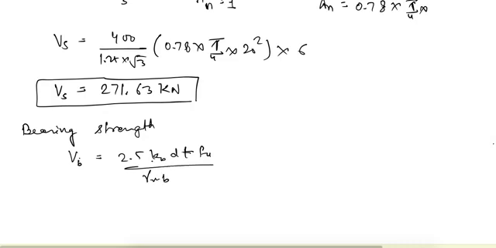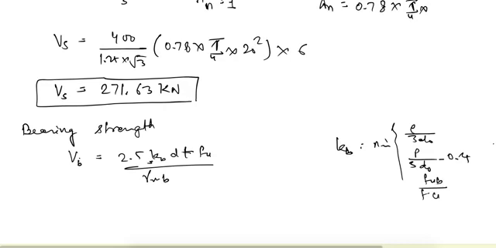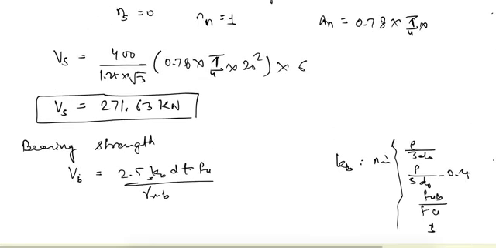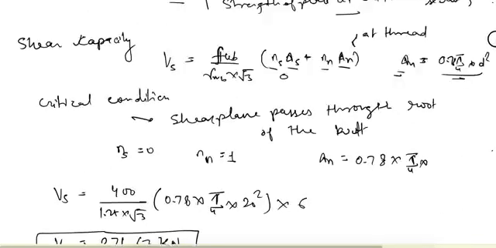Now kb we have to find with these 4 criteria, that is the minimum of e upon 3d naught, p upon 3d naught minus 0.25, fub by fu, and 1. So it cannot be greater than 1. Using these criteria we can calculate. So what is going to be the value of e?